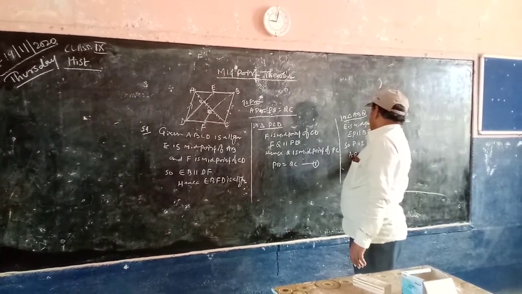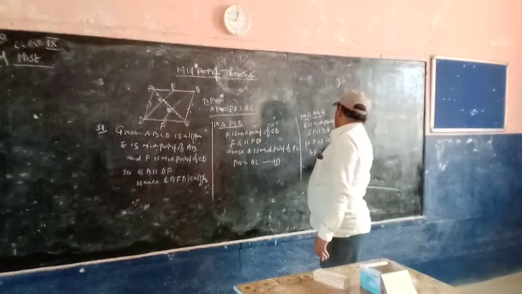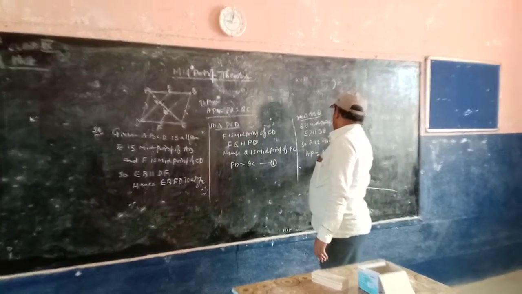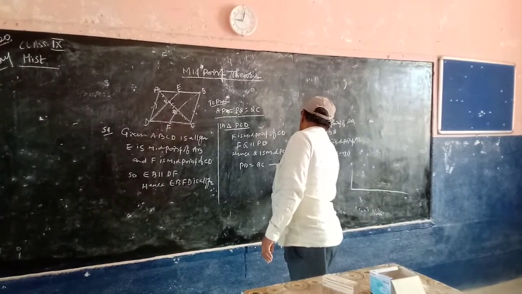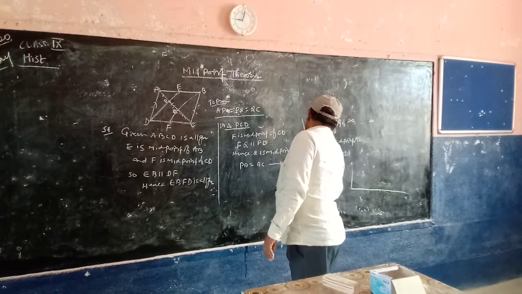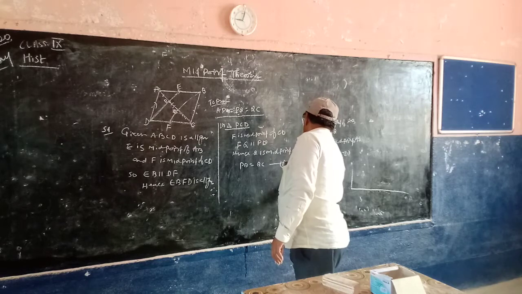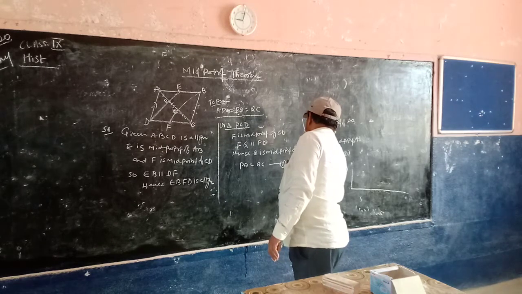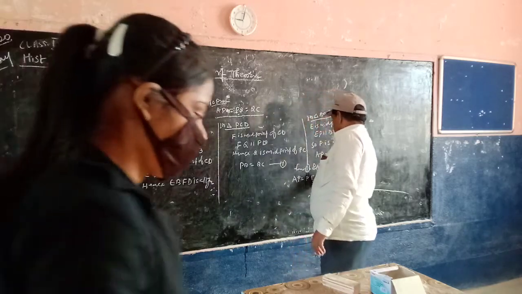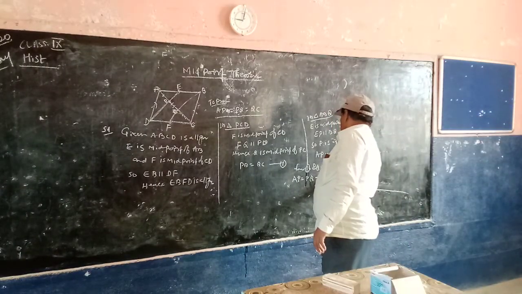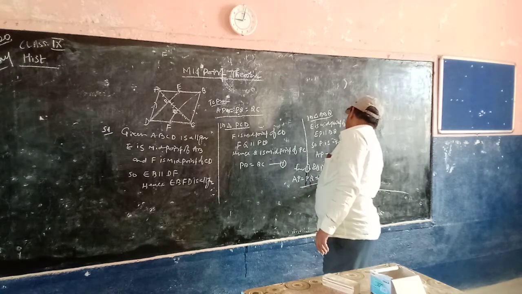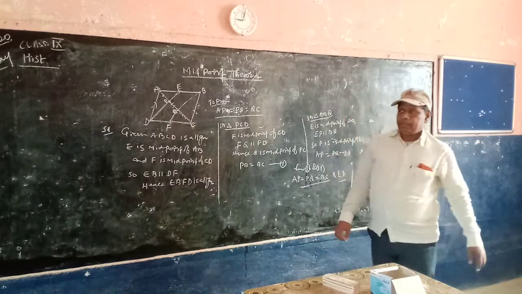AP equals PQ. Second. From first and second, AP equals PQ equals QC. QED, right?